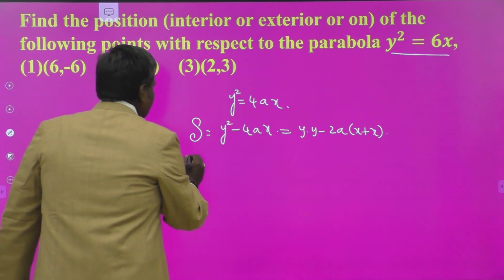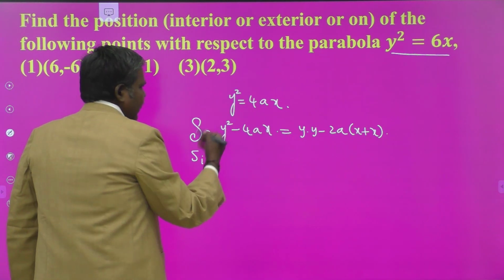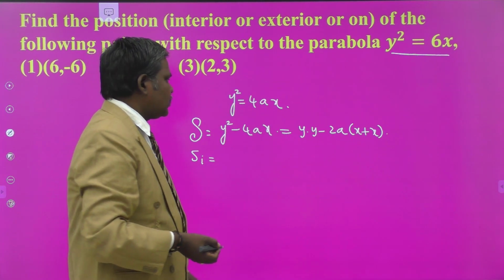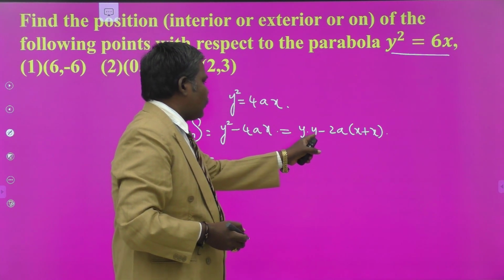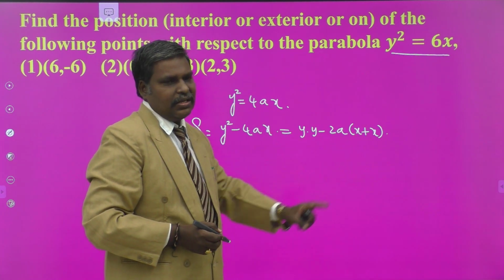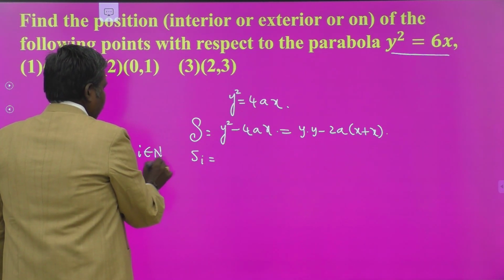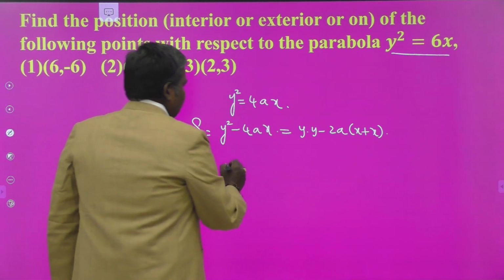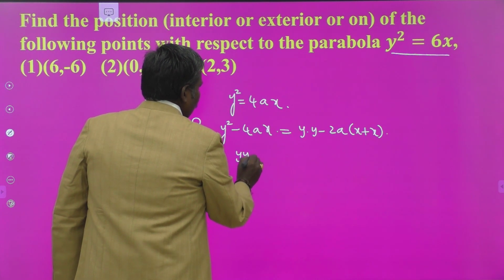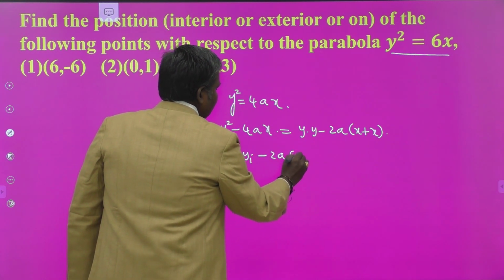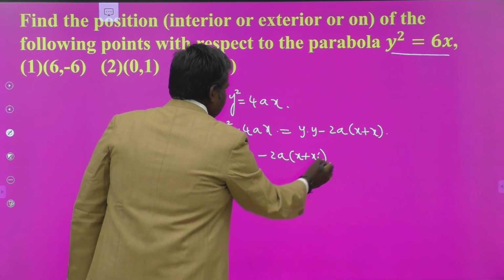Now, how to obtain Si? Same situation as in circles. Instead of y by y, and x by xi, we obtain Si, where i belongs to natural numbers. Si is equal to y yi minus 2a times (x plus xi).